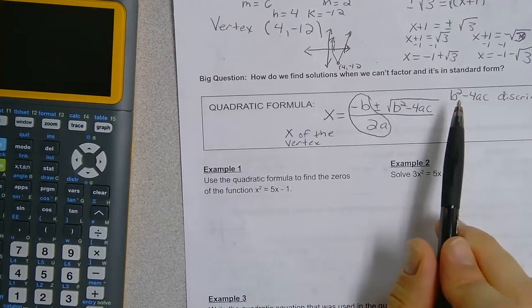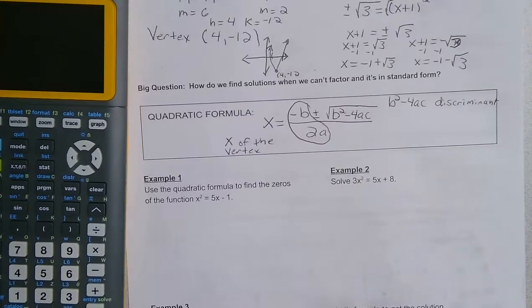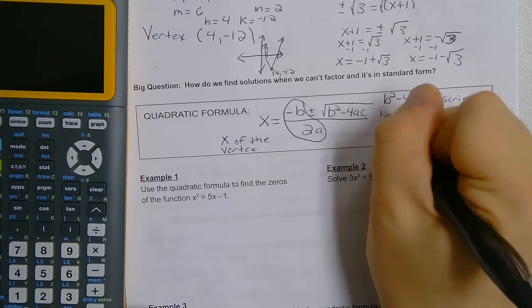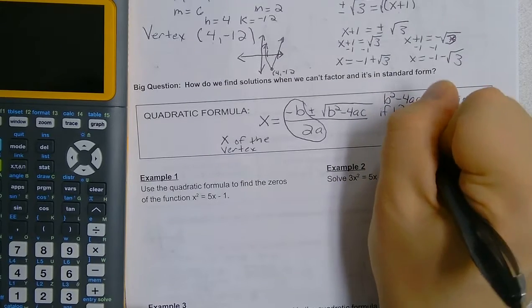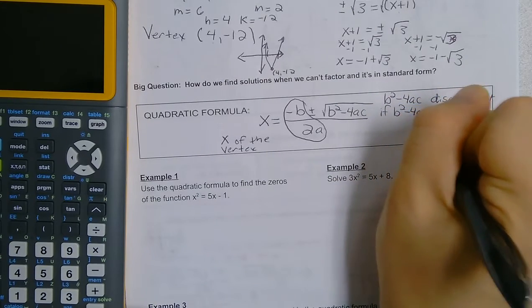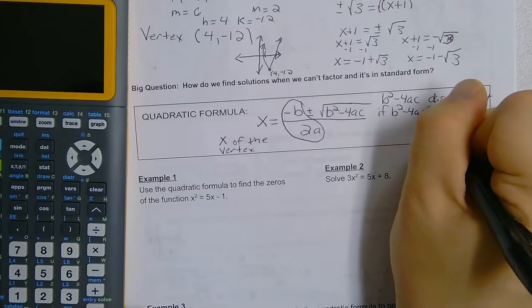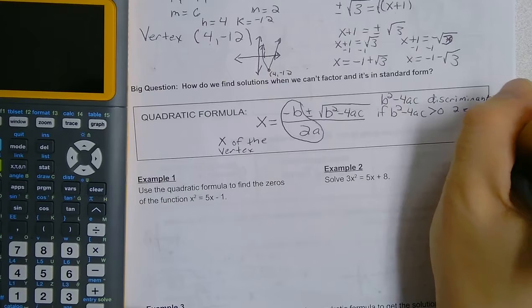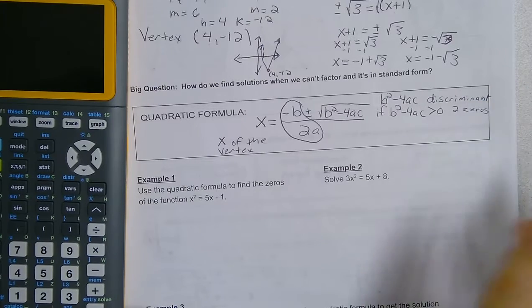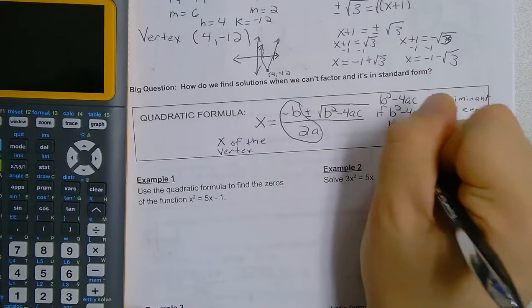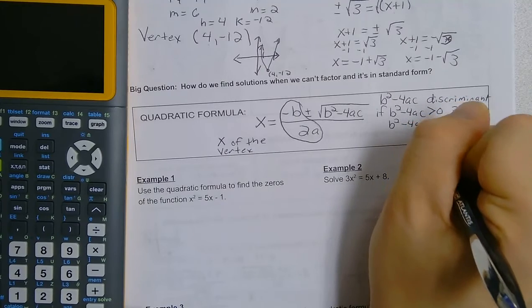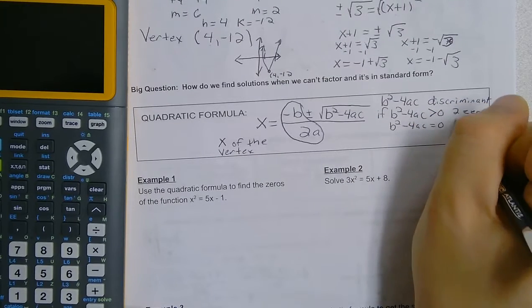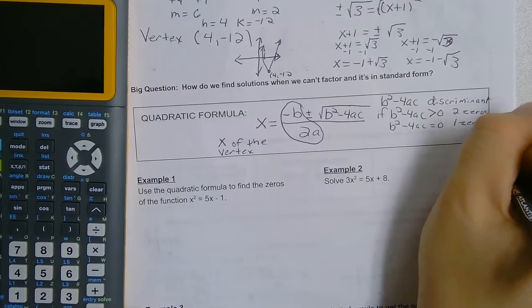And there's some possibilities. If b squared minus 4ac is greater than 0, we have two zeros. If b squared minus 4ac equals 0, we have 1 zero.